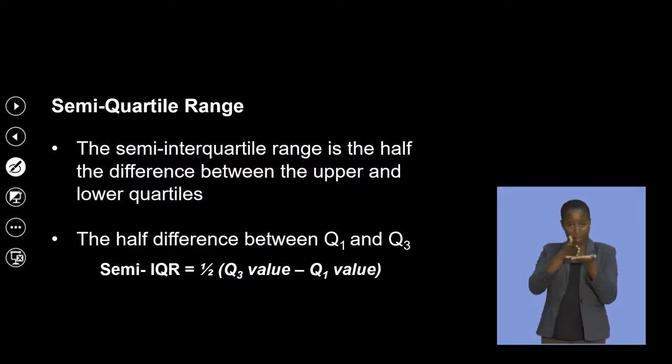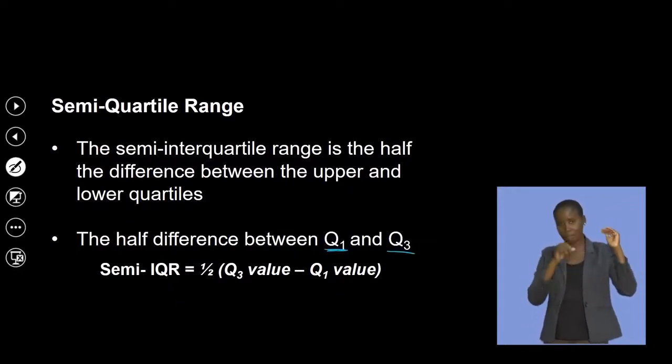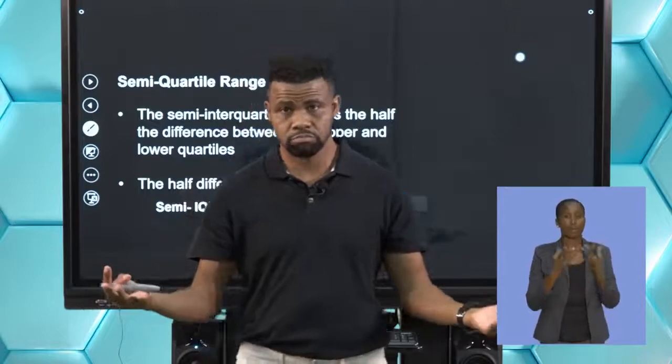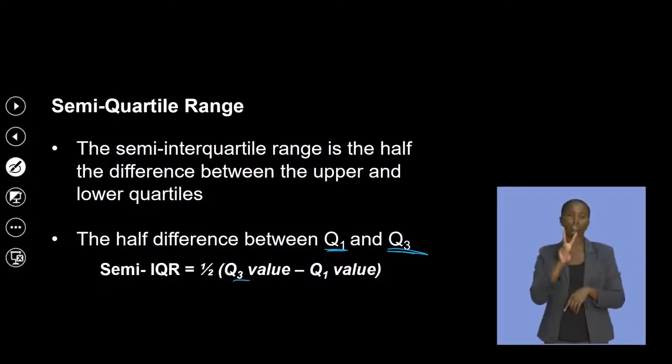The semi-interquartile range is half the difference between the upper and the lower quartile, the half difference between Q1 and Q3. So you can find the interquartile range divided by 2, or half of Q3 minus Q1.